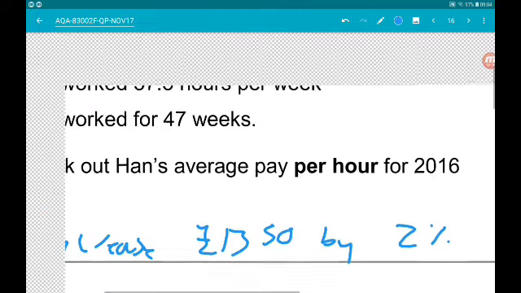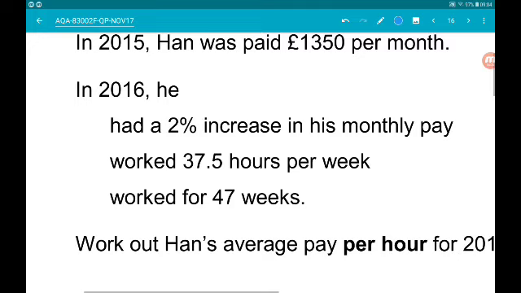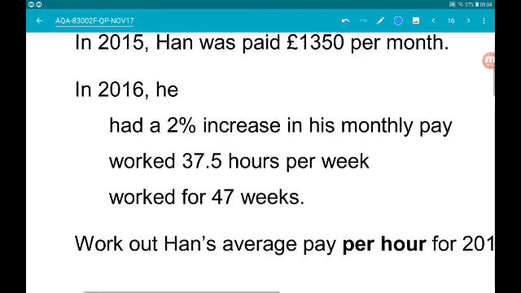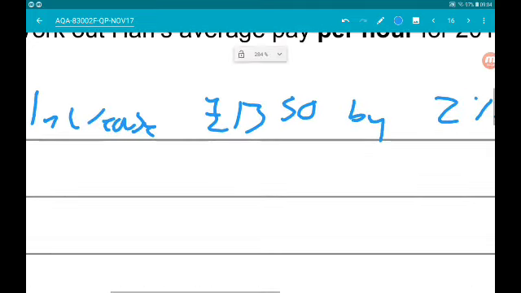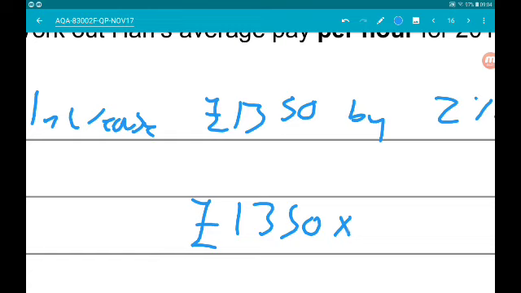Now, for this, we could do it straight away, do 1,350 times 1.